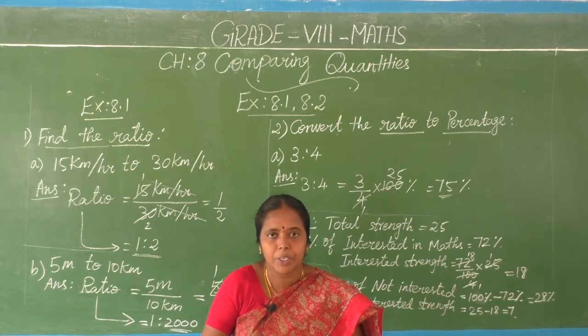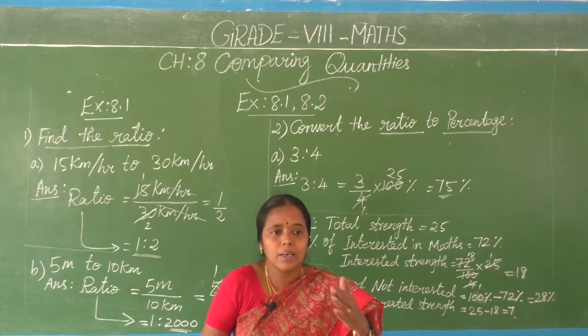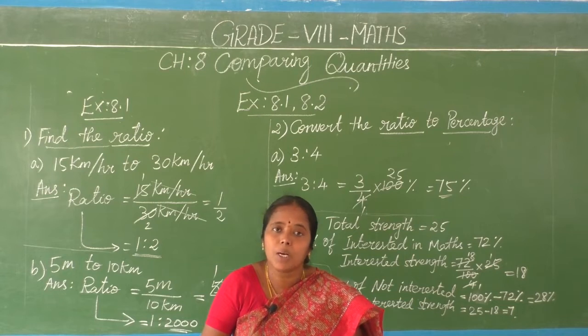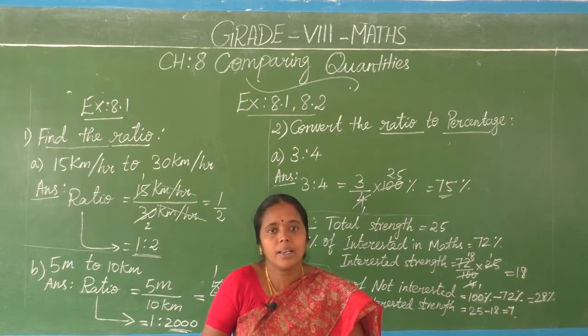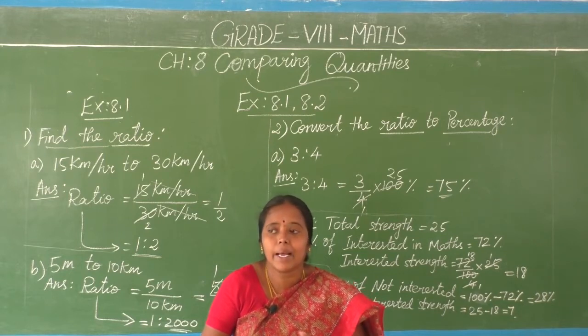Rekha scored 40 marks, Geeta scored 20 marks. What is the difference between both? 20 marks. So Rekha scored 20 marks extra than the next girl, Geeta. This is comparison by subtraction.